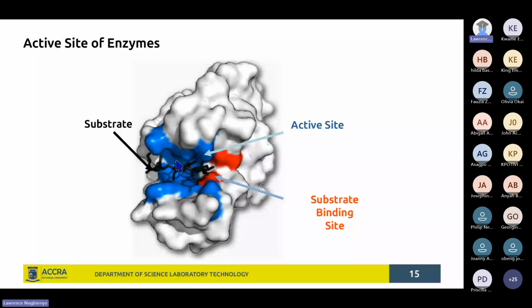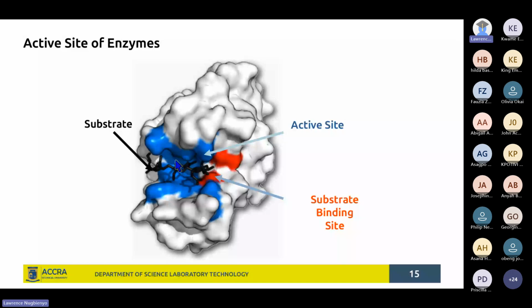So, for instance, if you have an active site made up of, say, 2 amino acids, let's say cysteine or serine, or maybe histidine, maybe these 3 are forming that pocket-like structure.